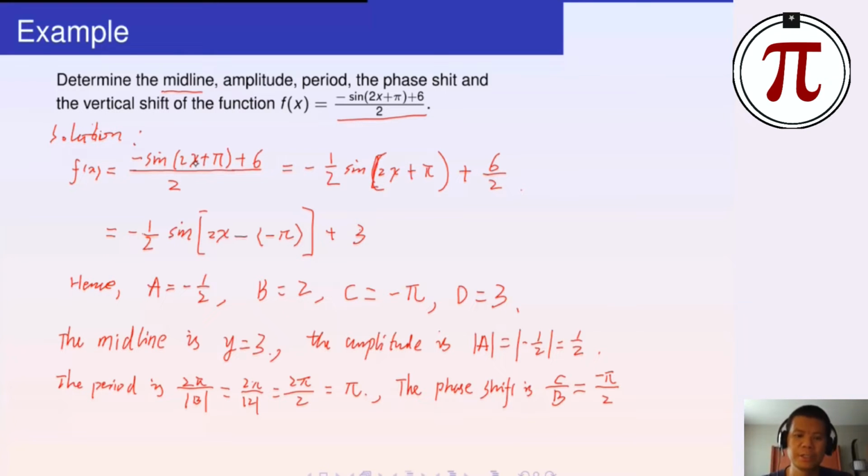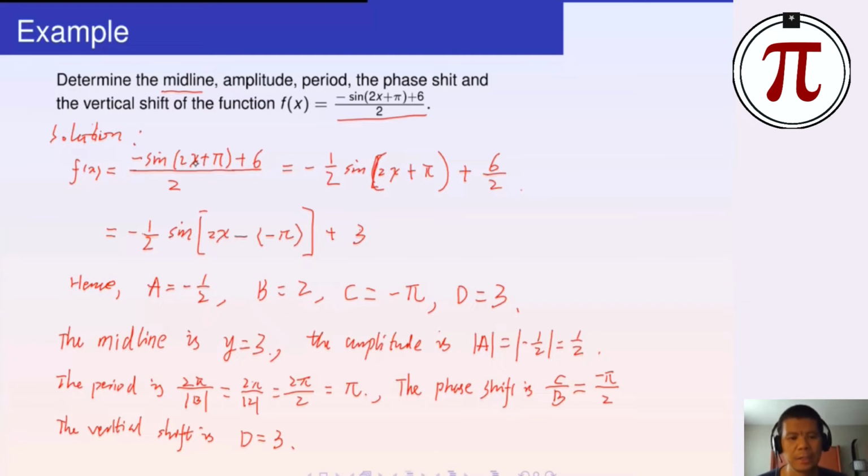Now the vertical shift is D, which equals 3. D is positive, so it moved upwards.